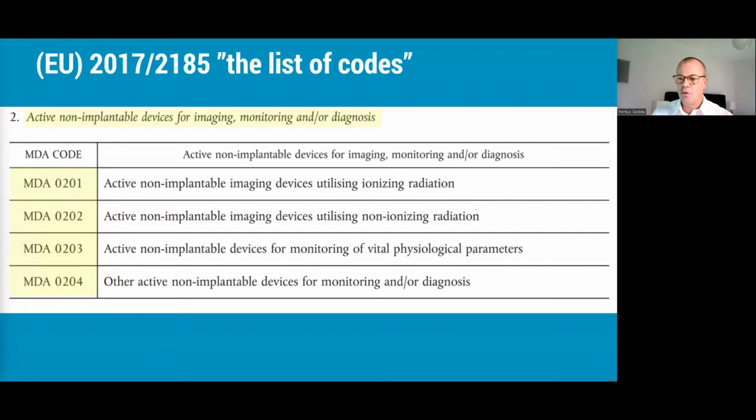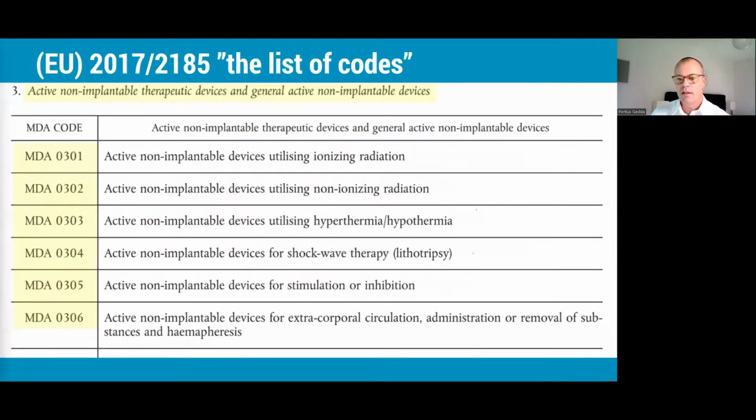Then we have the group of active non-implantable devices for imaging, monitoring, and or diagnosis with its 4 categories. Then the third group under MDA is active non-implantable therapeutic devices and general active non-implantable devices. This subgroup actually has 18 categories in it, so you only see a small part of them here.